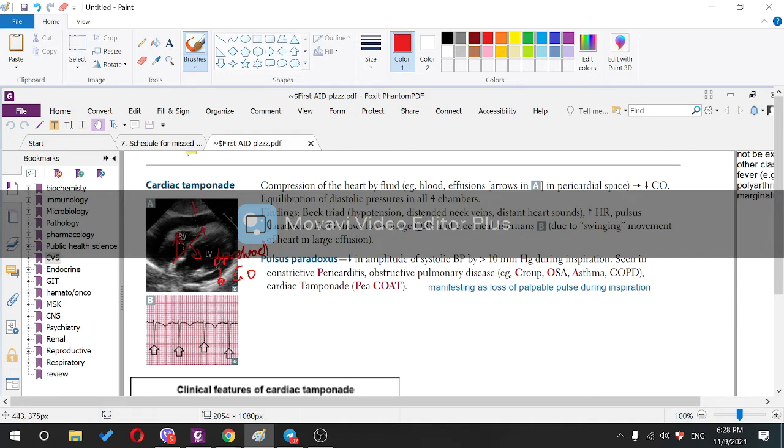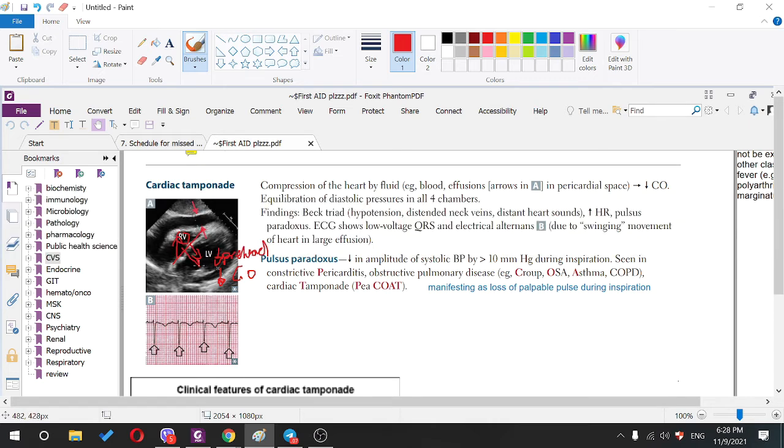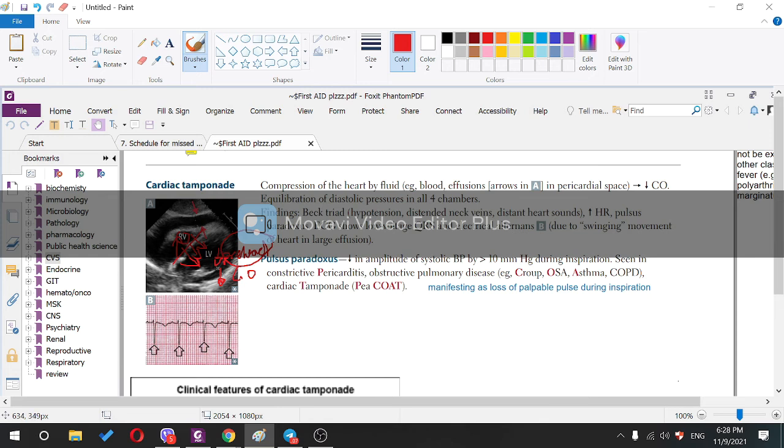So again, in the right ventricle, when there is more pressure in it during inspiration, there is a bulging towards the left ventricle. That bulging towards the left ventricle will lead to less amount of blood in the left ventricle during deep inspiration. When that occurs, that decreases the cardiac output.